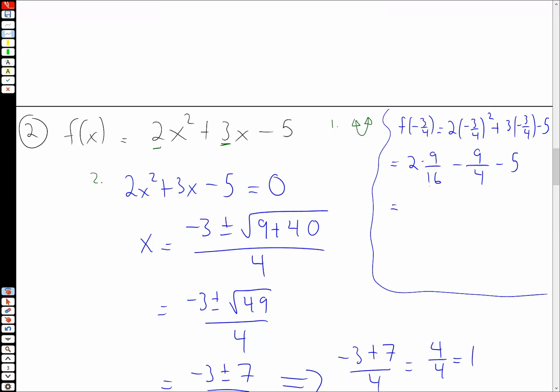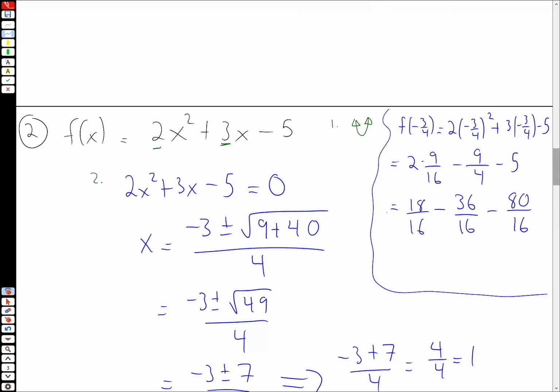And notice 16 is going to be probably the most efficient thing to get. So we're going to have 18/16, because 2 times 9 is 18, minus, if we want this to be a 16, we have to multiply top and bottom by 4. Minus, ooh, big one. All right, so 5 times 16 is, let's see, 50 plus 30 is 80.